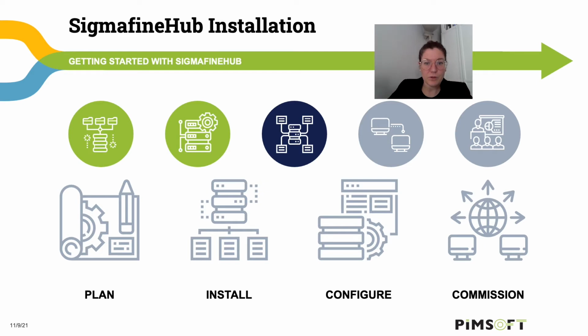During the install and configure phase, the installation itself will be performed, together with the settings of the connection parameters. Depending on the case, the installation phase can be performed entirely by the customer under Pimsoft guidance, or completely by Pimsoft with the customer IT support, or partially by Pimsoft and partially by the customer IT. In the last phase of commission, the whole system will be tested, including the display conversion.